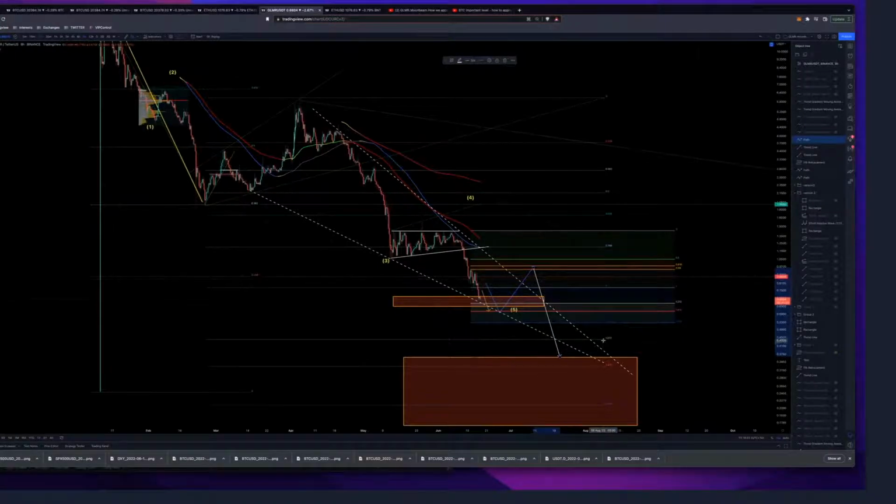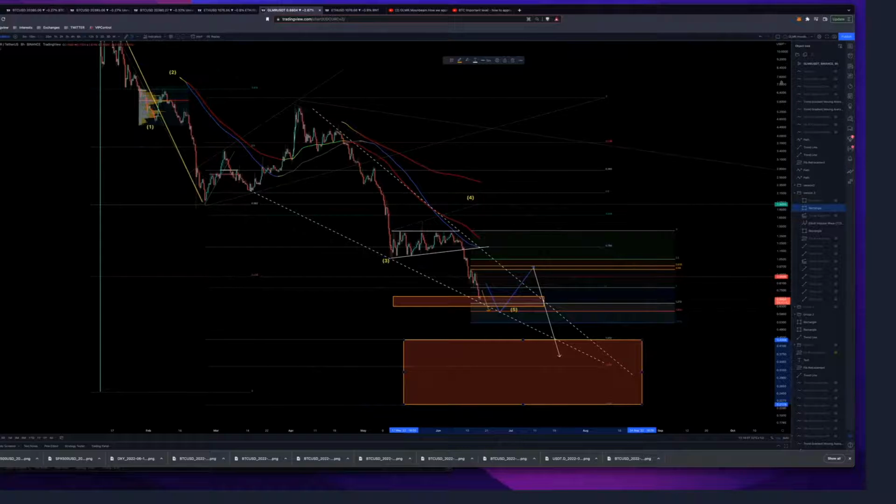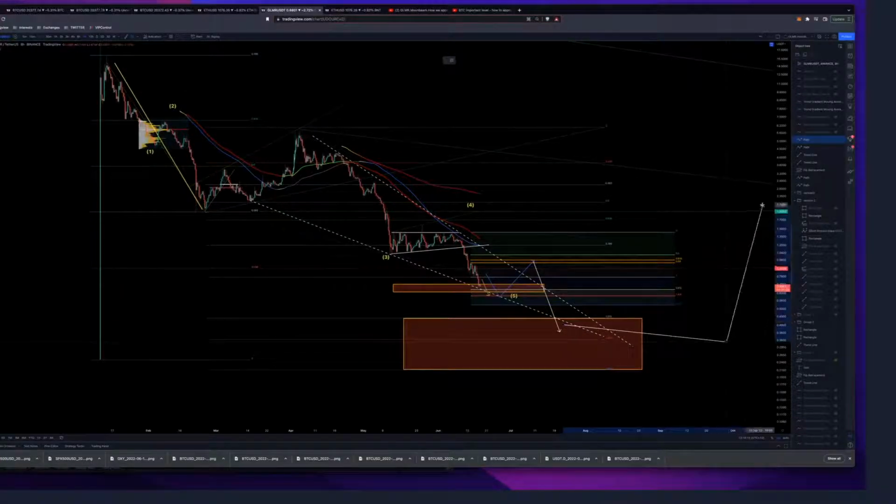So Glimmer, I did say I'm interested in these areas here from a macro perspective. So we could potentially, long-term wise, have accumulation in this area before we go reversal. This will be a nice accumulation range.